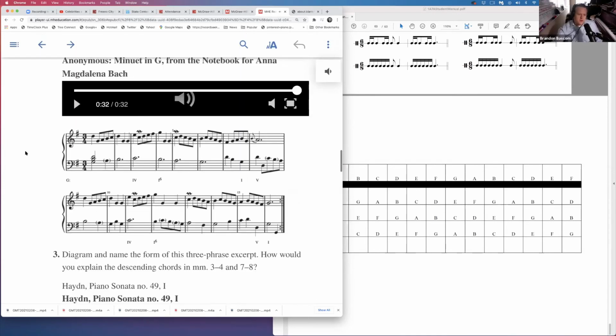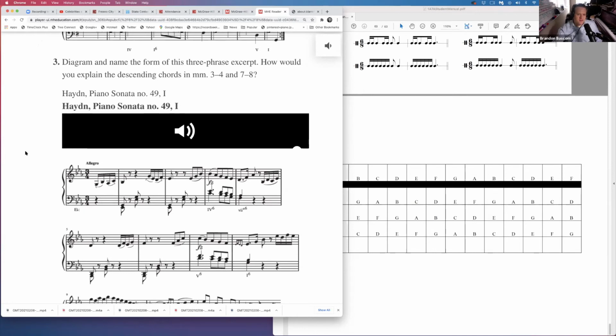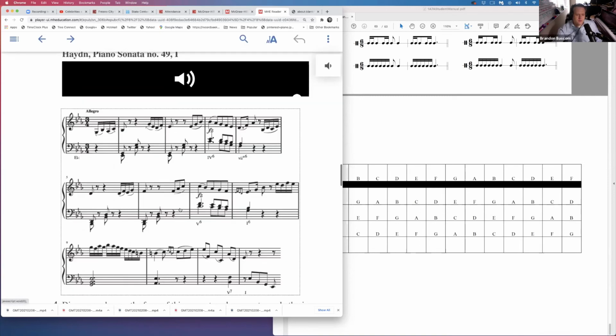All right. So we're supposed to diagram the form of this piece, of this 3-phrase excerpt. How would you explain the descending chords in measures 3 and 4 and 7 and 8? Let's listen to it again.